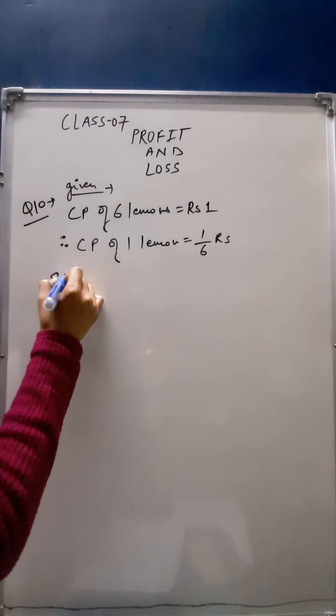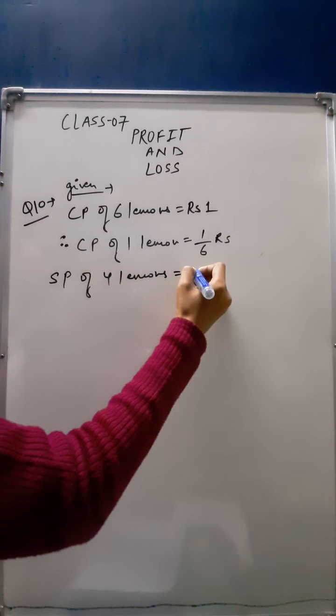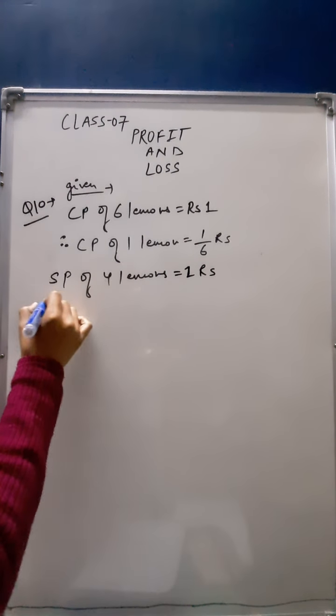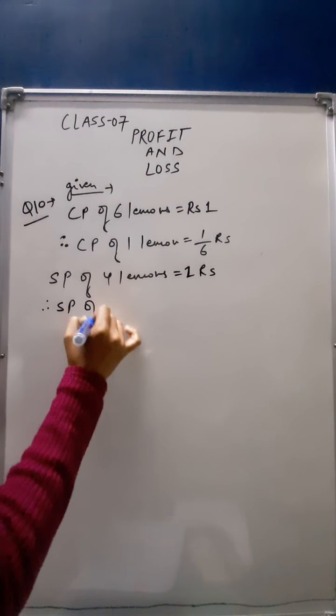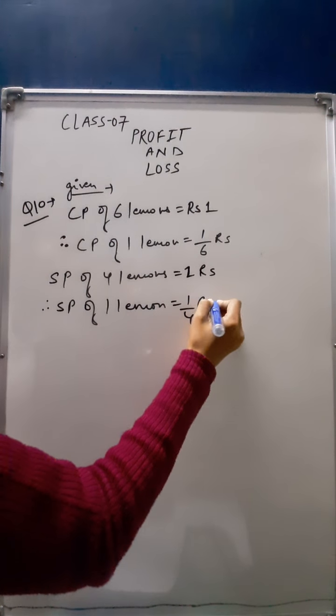Similarly, the selling price of 4 lemons equals 1 rupee, which is given in the question. Therefore the selling price of 1 lemon will be 1/4 rupees.